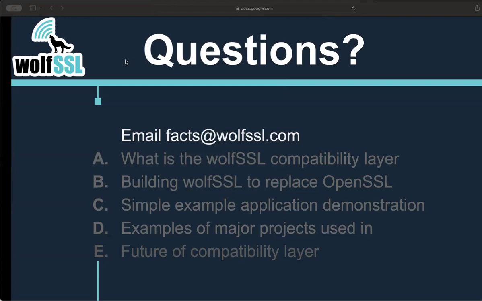If you rewrite the application to use wolfSSL's native API, in my mind it's a little bit cleaner because it's not going through the compatibility layer, and it also uses a little bit less resources because it doesn't have that overhead.